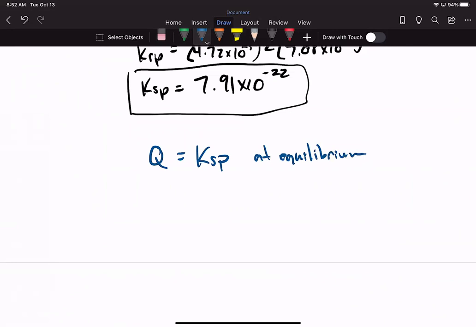As a reminder, Q is our reaction quotient when not at equilibrium.